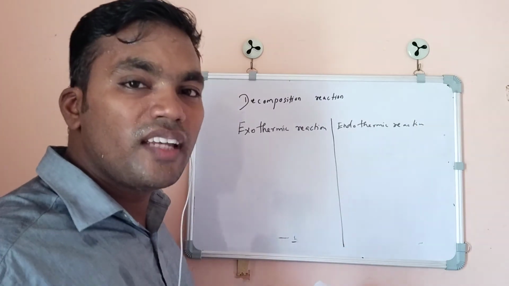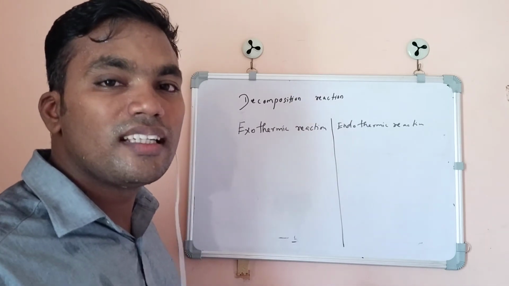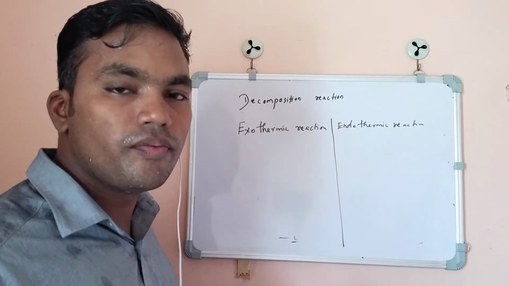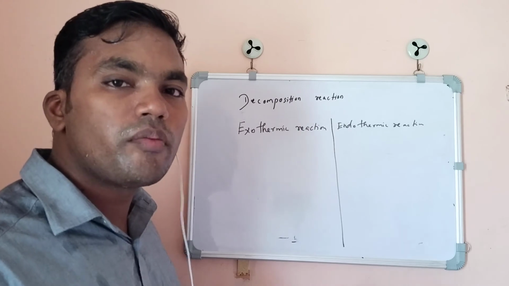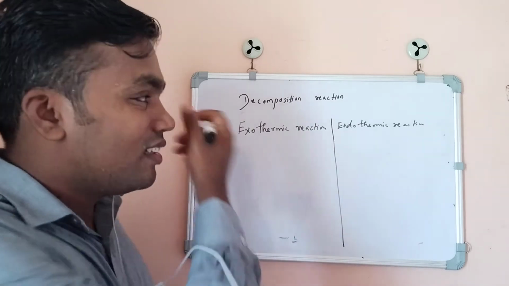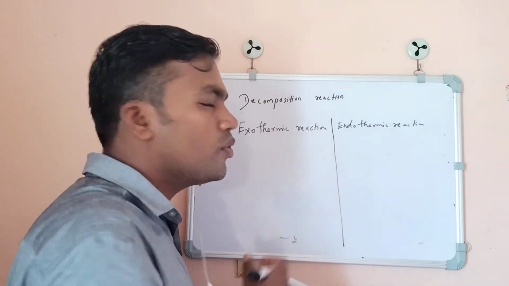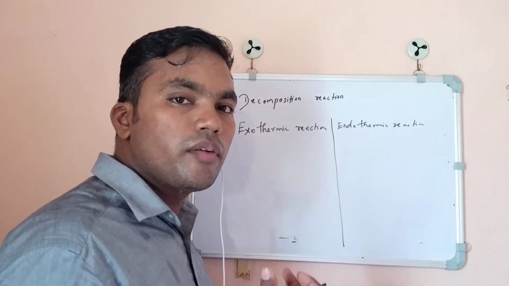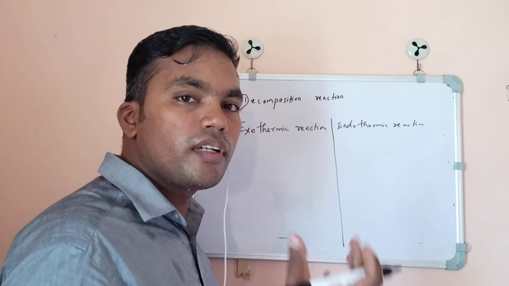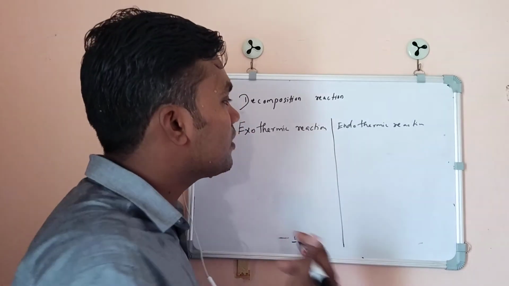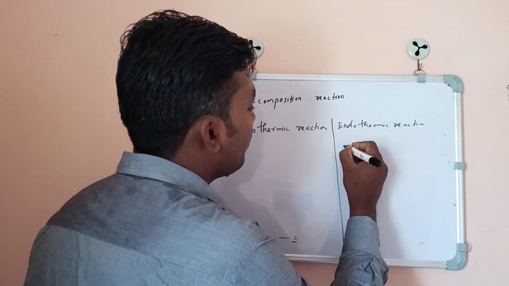A reaction in which energy is absorbed is an endothermic reaction. In the decomposition reaction, what we have observed is that energy is absorbed from outside. This type of reaction is an endothermic reaction.